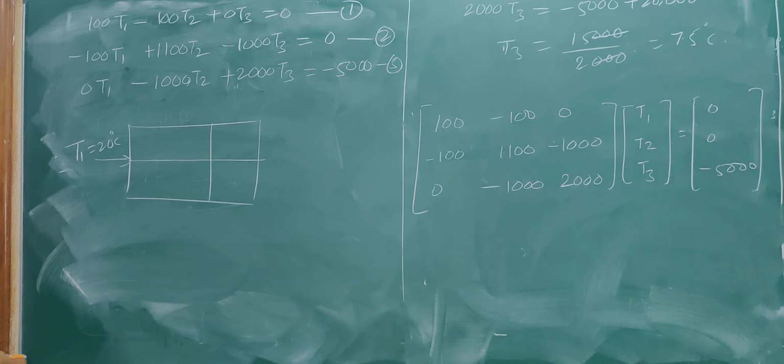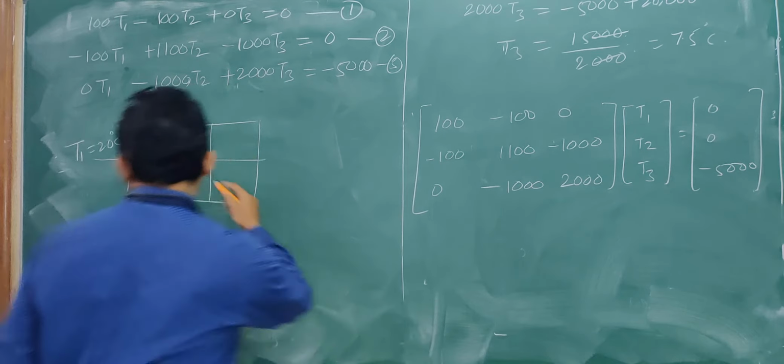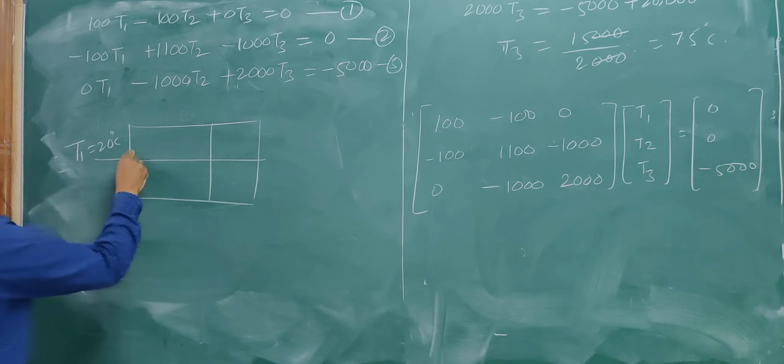As this is node 1, we used to delete the first row and first column because the boundary condition is specified at node 1. Here also we are making use of the elimination method, and in the same way we need to delete the first row and first column.